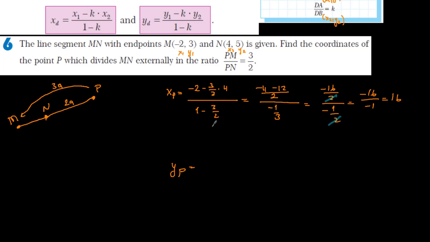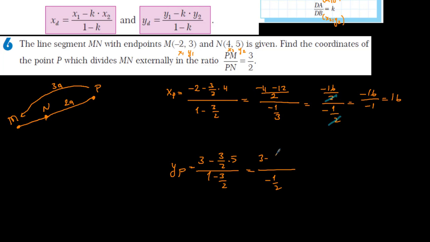yp is equal to, this time 3 is the y1, 3 minus 3 over 2 times 5 divided by 1 minus 3 over 2, and the down part is equal to minus 1 over 2. We did the operation before, that's why I'm going to skip that one.